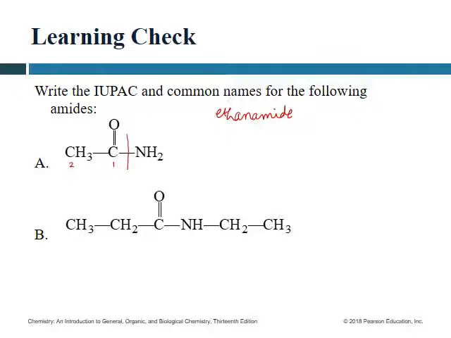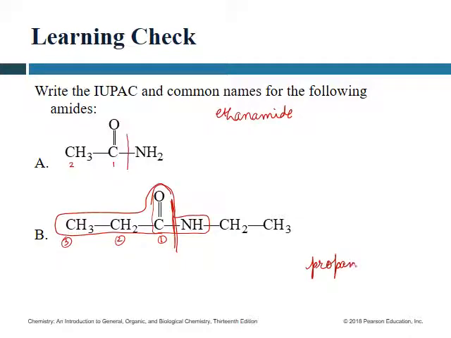Next, if I have this group, I recognize this is my amide bond, so you break the compound right here. This would be our parent chain. How many carbons? 1, 2, 3 carbons. This is propanoic acid, so propanamide.